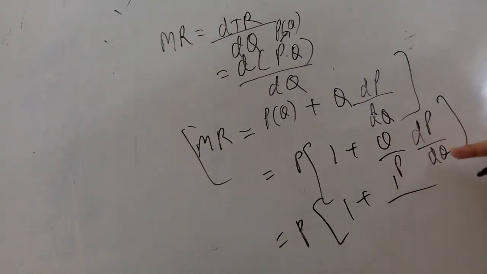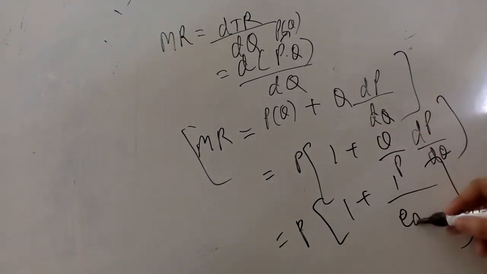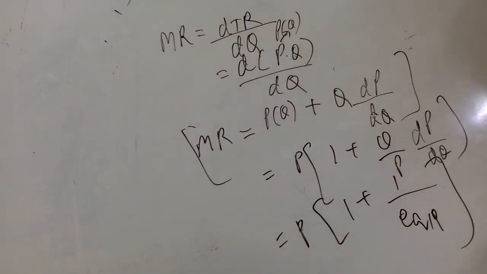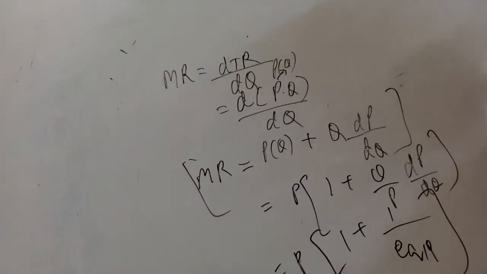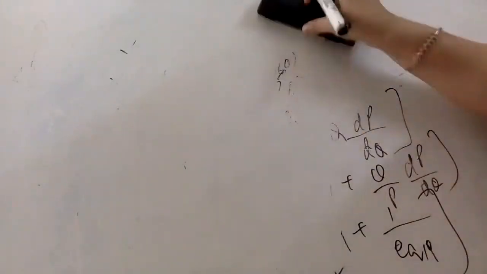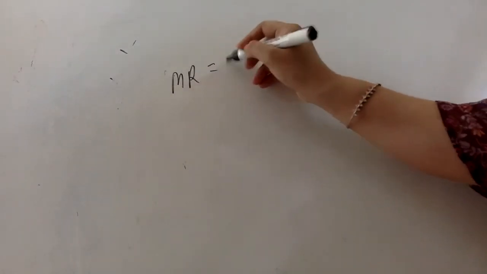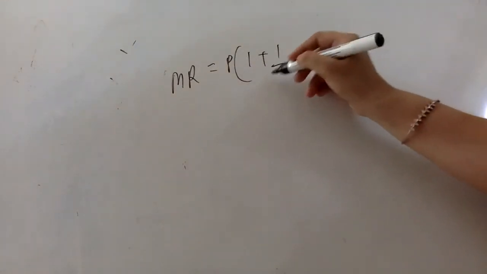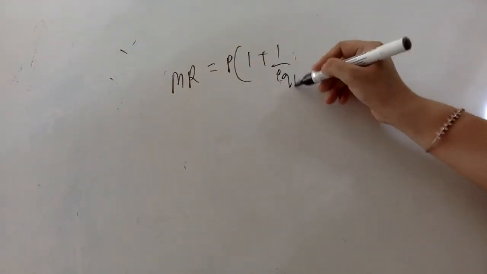P by Q times dQ by dP. This entire term is the inverse of the elasticity of demand. We know that in a usual downward sloping demand curve the elasticity value is negative, so keep that in mind. So what we arrive at is the equation MR equals price times 1 plus 1 by the elasticity of demand.